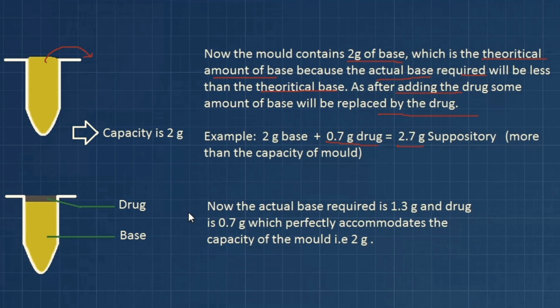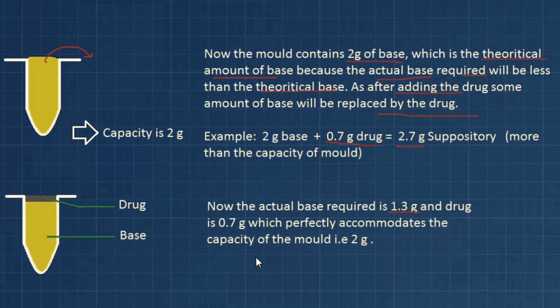So now our drug is 0.7 gram, and the total base, that was the theoretical base, was 2 gram. After adding 0.7 gram of drug, that amount of the base will be replaced by the drug, and the actual base comes out to be 1.3 gram. And now this perfectly accommodates the whole mold of the suppository.